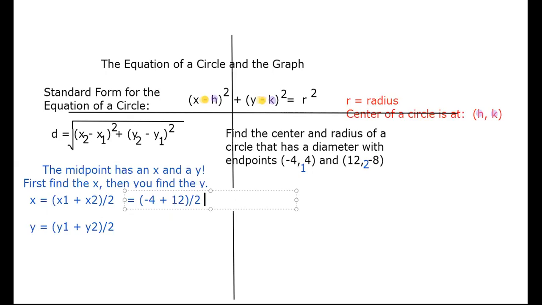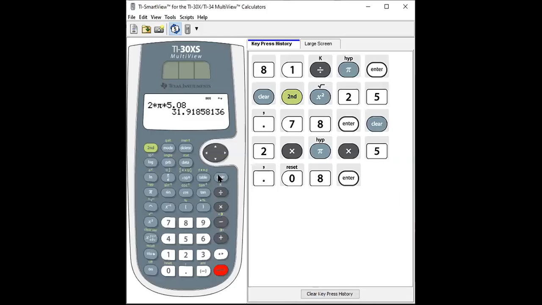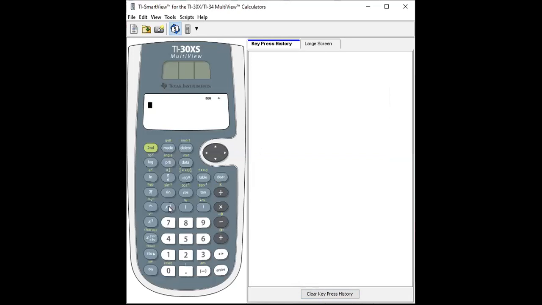Well, that's 8 divided by 2. And you put that whole fraction in your calculator and come up with 4. Put it in just like that: -4 plus 12 divided by 2. Do not try to do this in your head. You have a fraction.